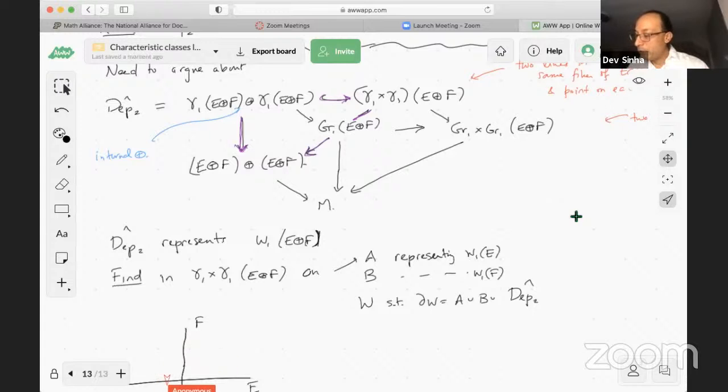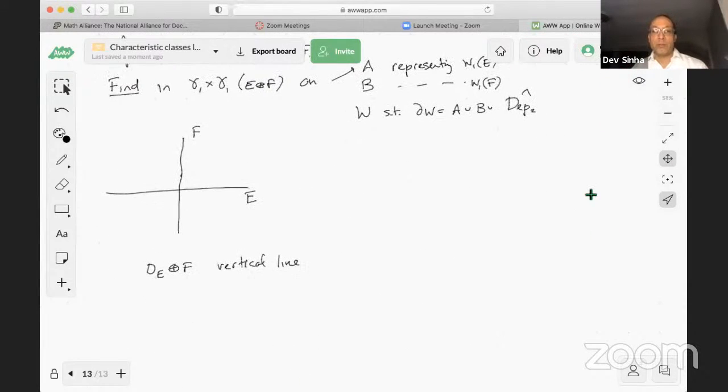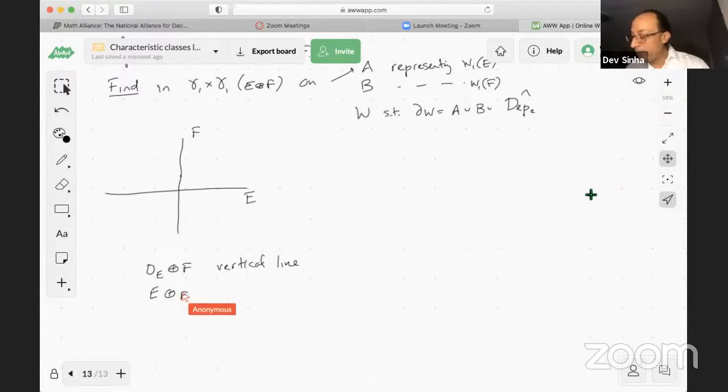I'm going to call 0E plus F a vertical line because we're looking at spaces of two lines. So instead of the mouthful 0E plus F, let's just call those vertical lines because it would be running up. It's that sort of fiber F. And E plus 0F is a horizontal line.